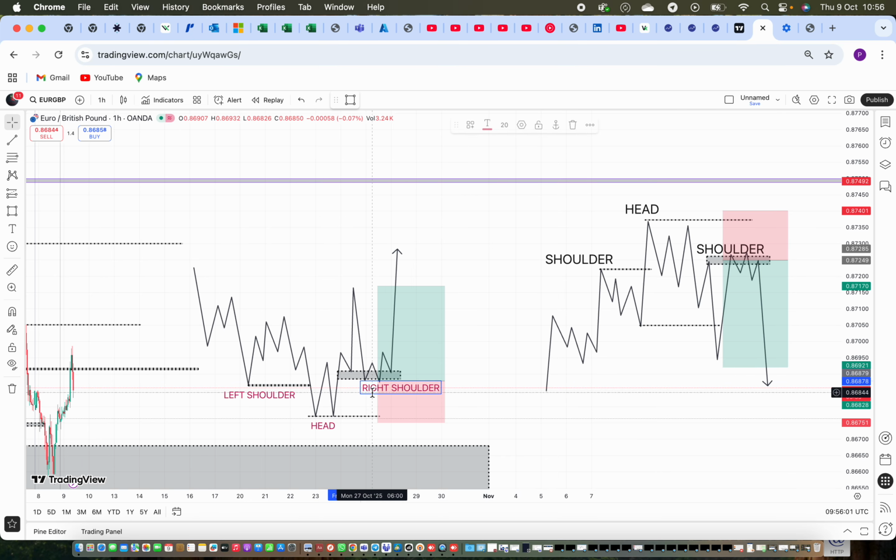So that is how to look out for this formation. And remember, we must have a shift of market structure.